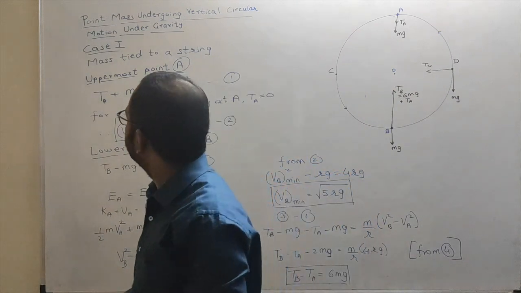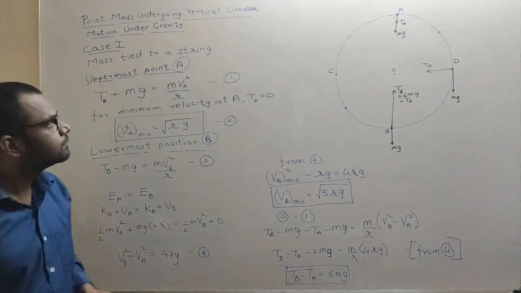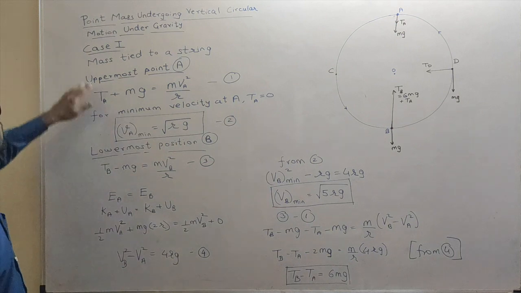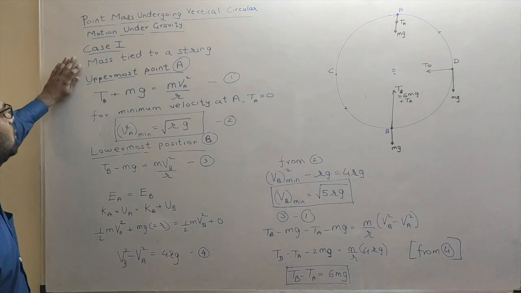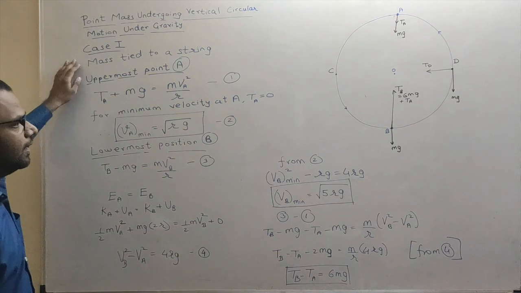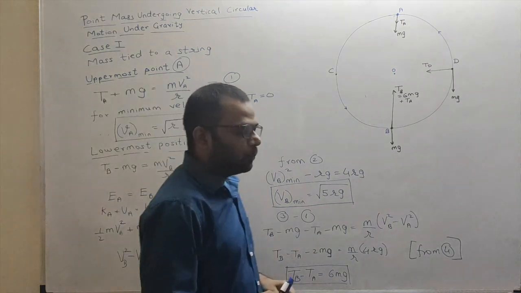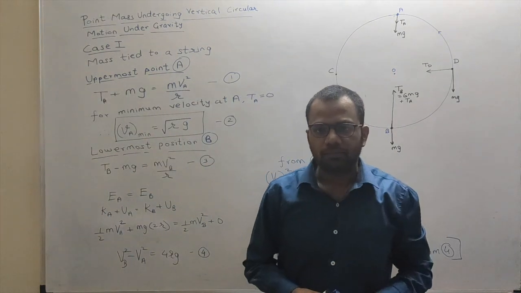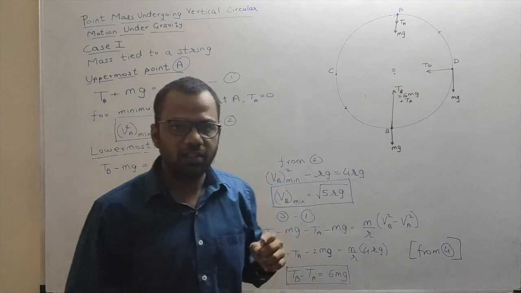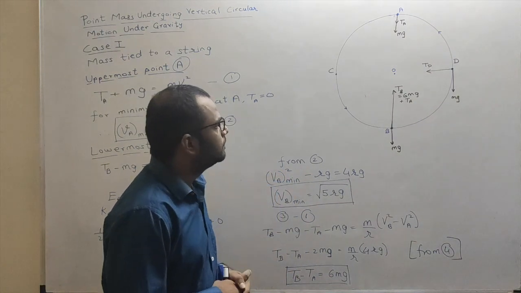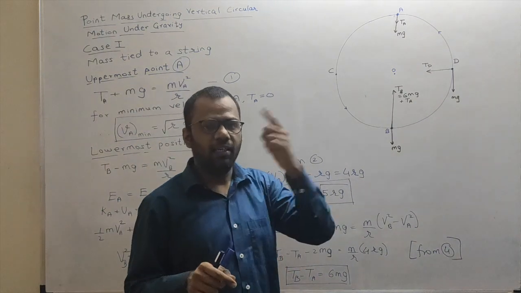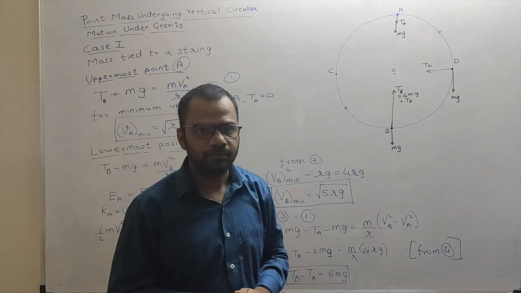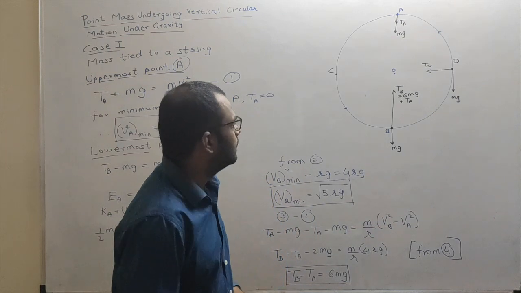Put this heading. Write down case 1, mass tied to a string, and then write down a point mass is attached to a string and is whirled in a vertical circular motion. Right?